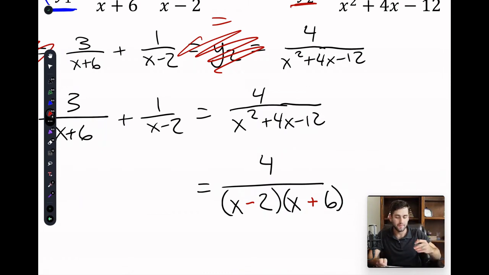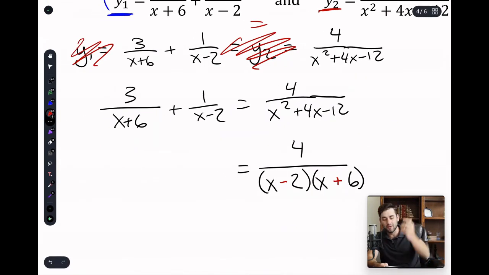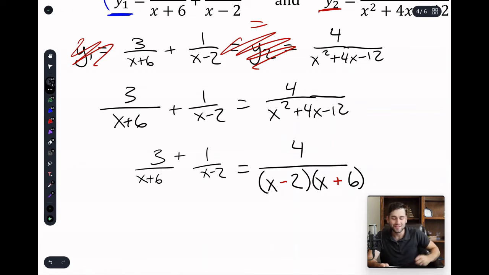All right. Oh, and look at the other side. Doesn't that make a lot of sense? 3 plus 1 over x plus 6, x minus 2. So we got ourselves a little common denominator, don't we? This looks messy and long, but the common denominator in this problem is what's on the bottom right, because if we multiply together the two terms on the bottom left, we're going to get what's on the bottom right.